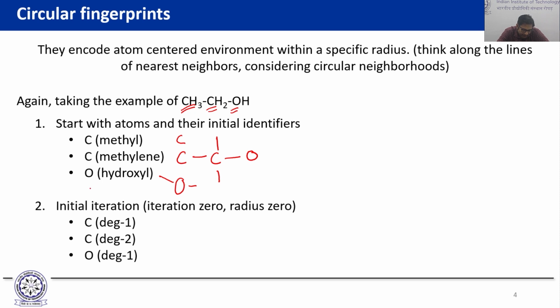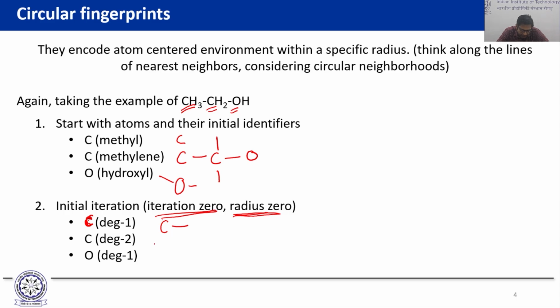So what we have is an initial identifier for all of the atoms in the molecule chain. After that, we start with the zeroth iteration, and zeroth iteration means we are looking at a radius of 0, which means we are looking at the individual atoms themselves. Here we say at 0 iteration, the first carbon, I am going to call a degree 1 carbon, simply because it is connected to only one other carbon.